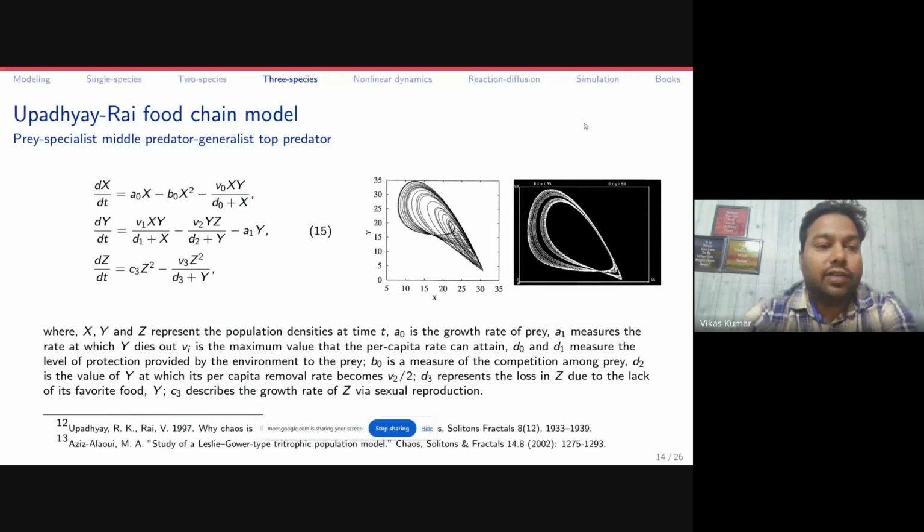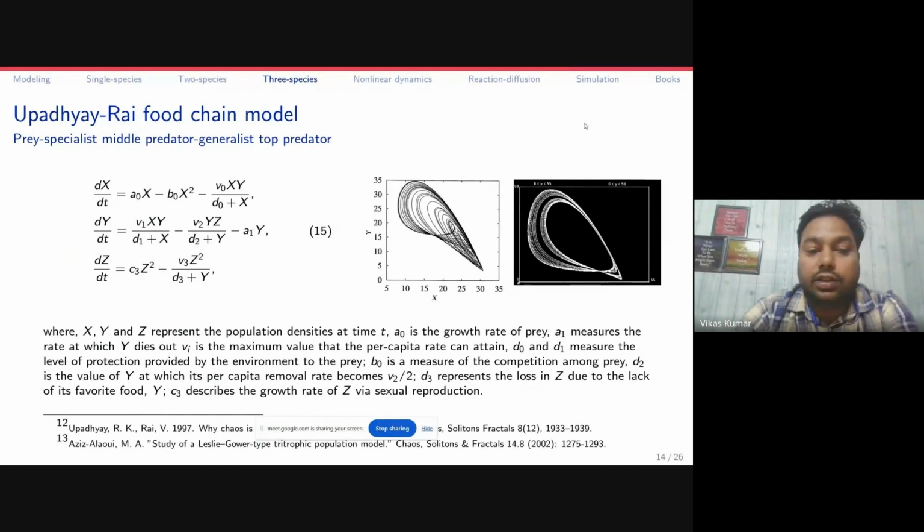The second model came with the Upadhyay and Rai model. Here they assume similar assumptions for equation number 1 and equation number 2, but there was a different assumption for equation number 3. As you can see here, the third population was a generalist predator.